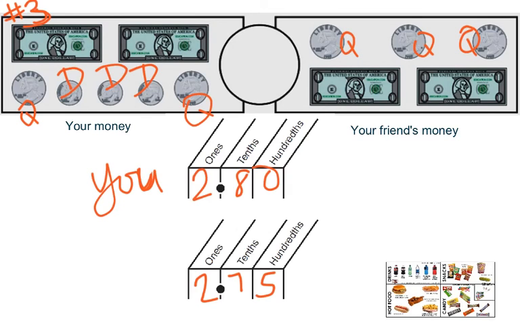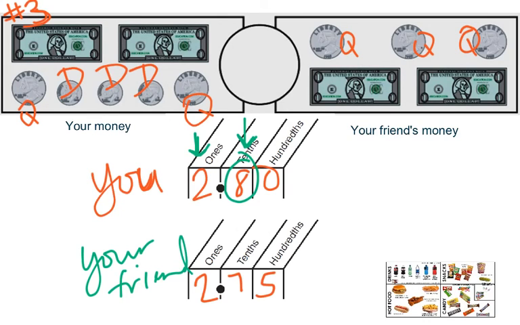When I stack them up, I always start with the largest place value, and I see which one is larger. So when I'm looking at the largest place value, I have the ones place, and they're both the same. So I then move to the tenths place. And when I look in the tenths place, I notice that you have more money than your friend.